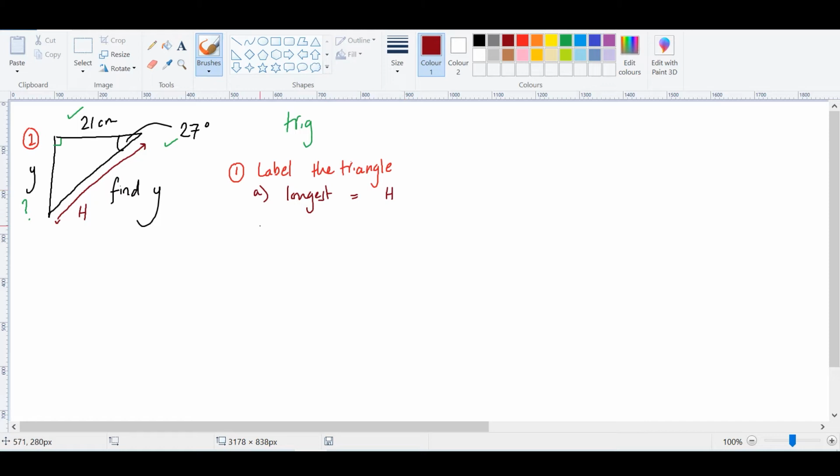Now, the length opposite the angle that we need to find out is called the opposite. Sorry, not the angle that we need to find out, but opposite the angle that we've been given, or the one that we need to find out. So opposite the relevant angle, we call it the opposite.